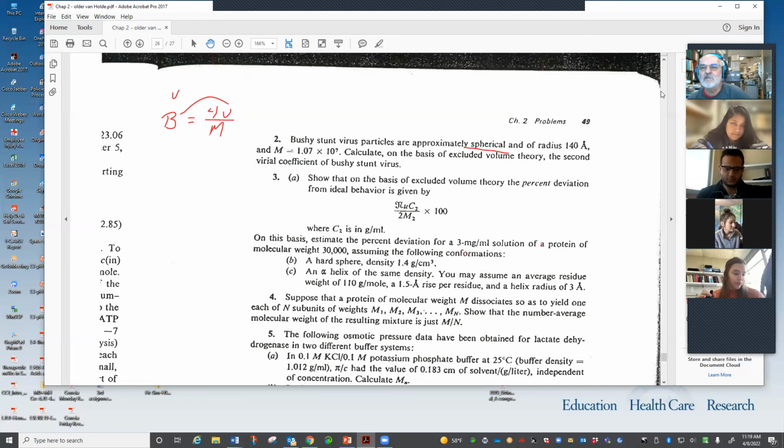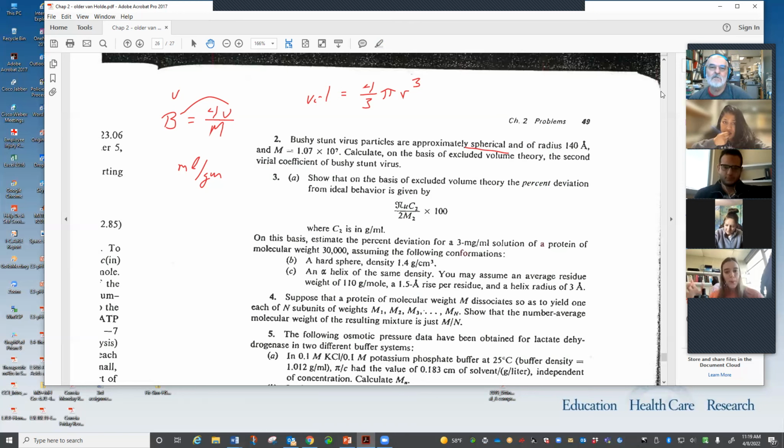The problem is that they give you the radius, and so a lot of you think that this is calculating the volume, but that's not what V bar is. The units of V bar are milliliters per gram. It's the change in the volume as you add something to a solution while holding all other components constant, in units of milliliter per gram.